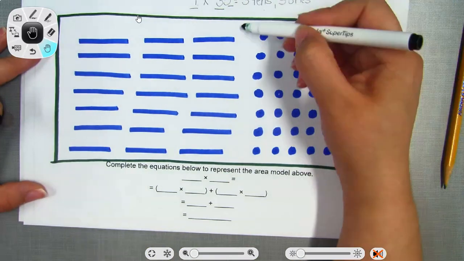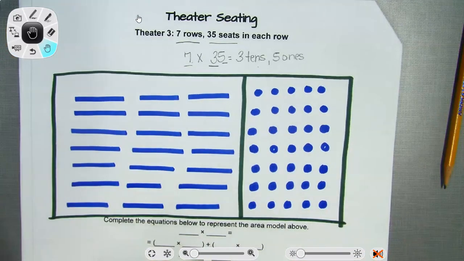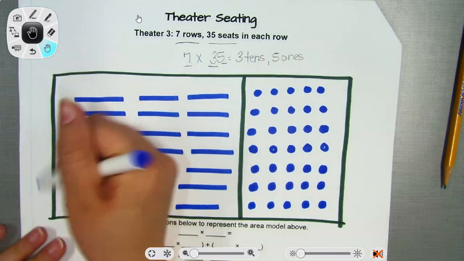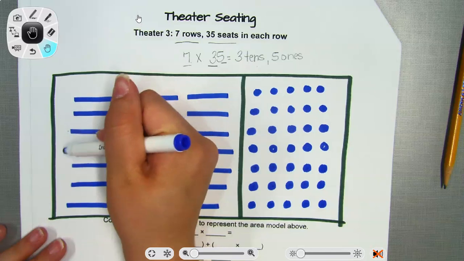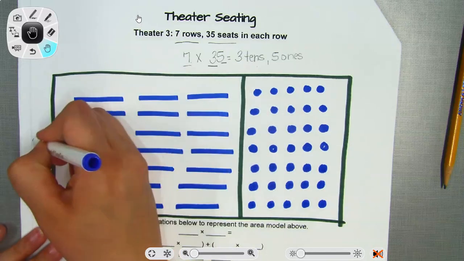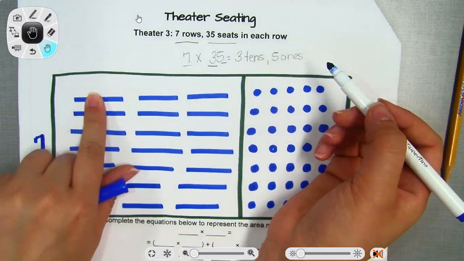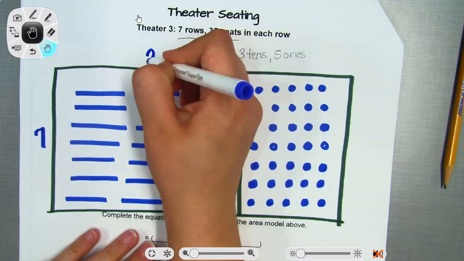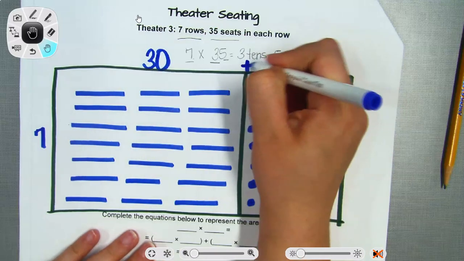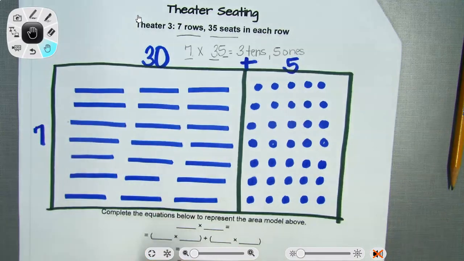I'm going to separate my tens and ones. Okay. Now I have, how many rows do I have? 1, 2, 3, 4, 5, 6, 7. Okay. And then I'm going to do my 10s. So I have 10, 20, 30 in each row, plus I have 5 in each row.